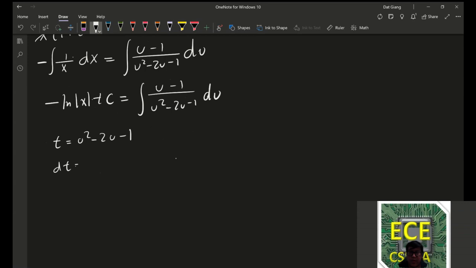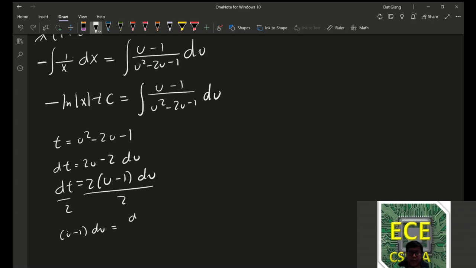Therefore, dt is equal to (2u minus 2) du. Now, in this situation, we can actually factor out a 2. Now notice, that's why I kept the negative. So we're able to do this. We divide by 2 to both sides. Therefore, (u minus 1) du is equal to dt over 2.